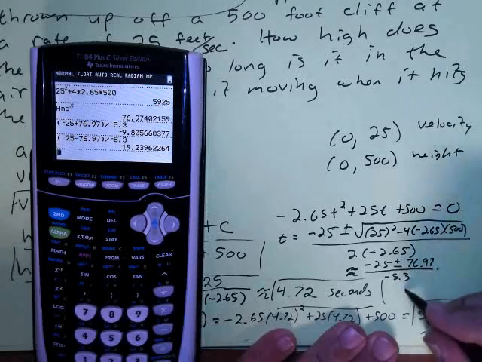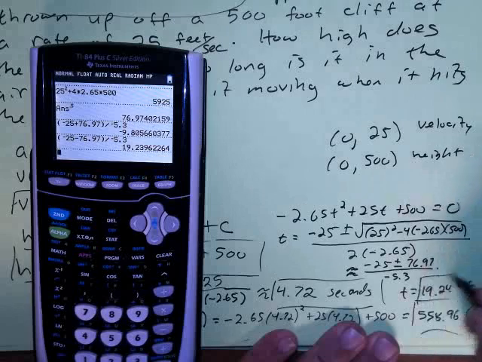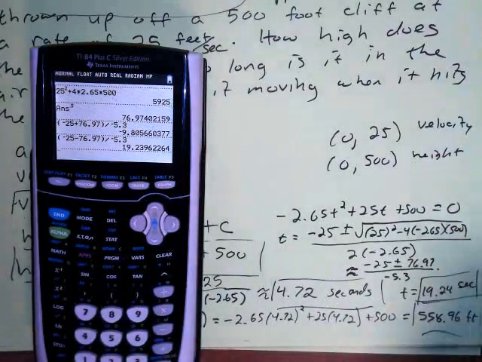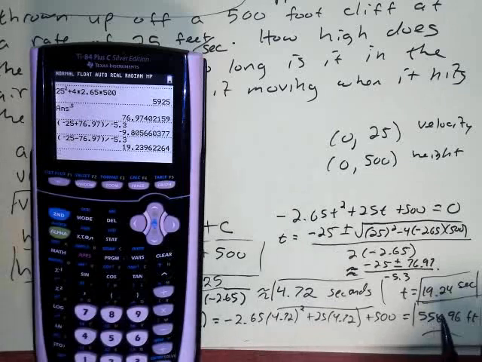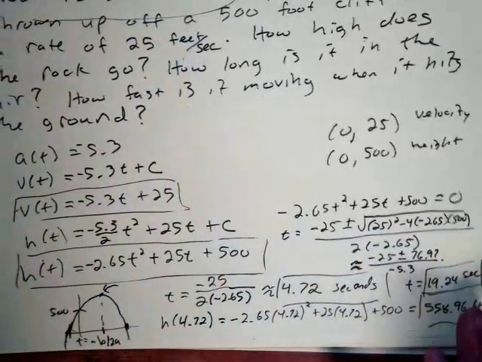So I'm going to choose t equals 19.24 seconds if I round to 2 decimal places. So it's in the air for about 19 seconds. Wow. And then it hits the ground, and now we want to know how fast is it moving when it hits the ground.